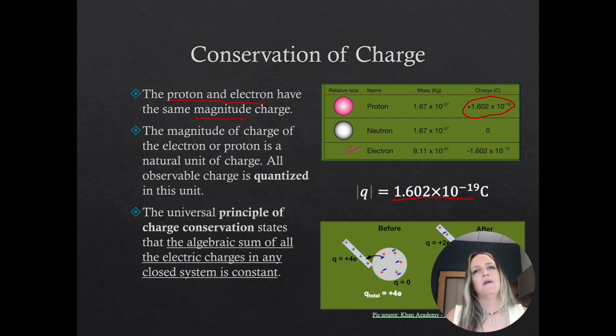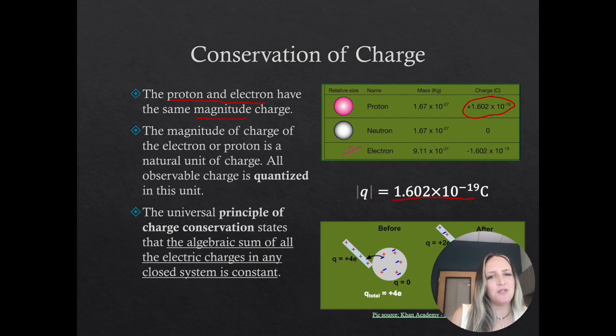And so what I'm saying is that every charge that ever existed in this universe today existed in this universe millions of years ago, right? They didn't go anywhere. We're not aware of any other universes where these charges can move back and forth.